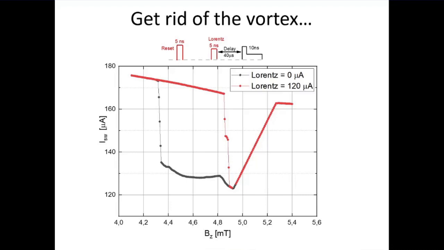If we apply this pulse in this sequence, we find that it's possible to recover this peak, which means that we extended the Meissner state towards higher field values. For this curve, we have a vortex during readout. Here we don't have a vortex during readout.